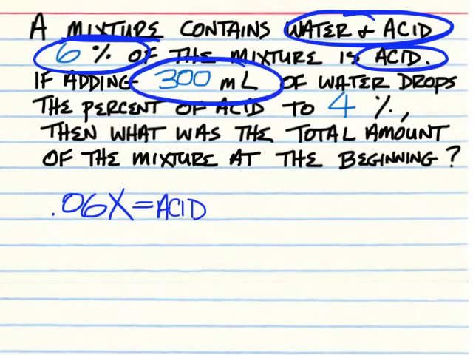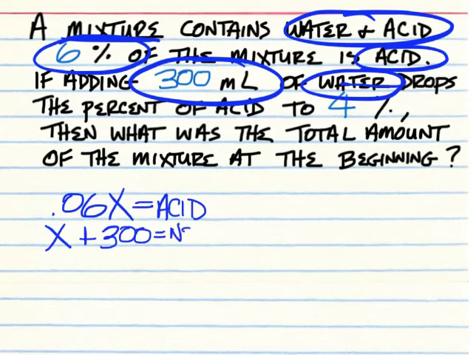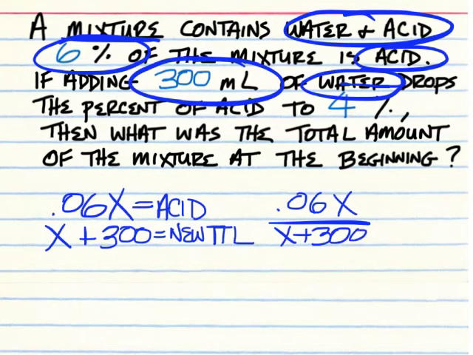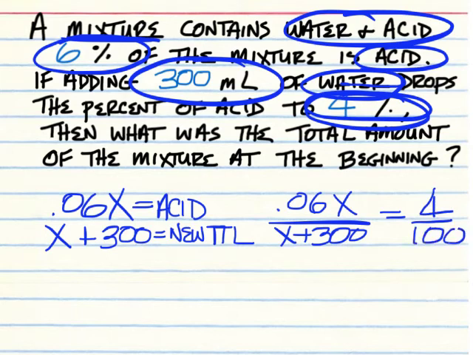Now we're adding 300 milliliters of water to the original total. Of course, that total is X still, so X plus 300. And that equals your new total. You must divide the amount of acid by the new total and set it equal to the new percent, which is 4. That's 4 over 100.